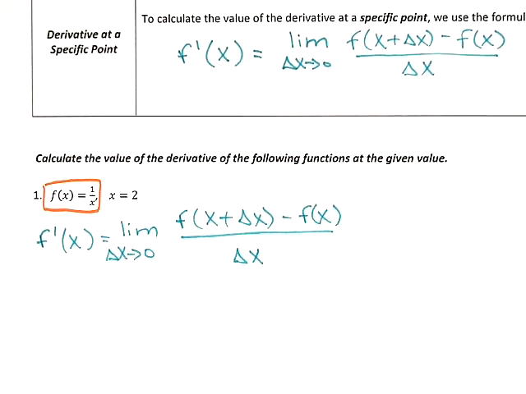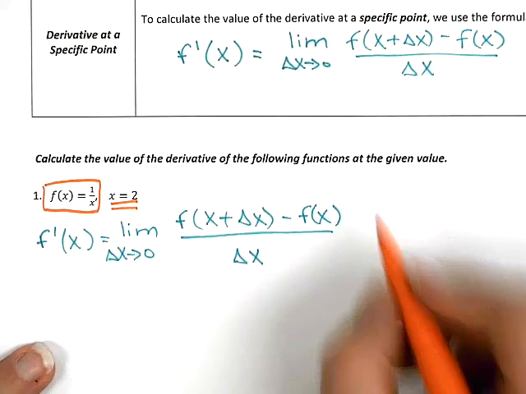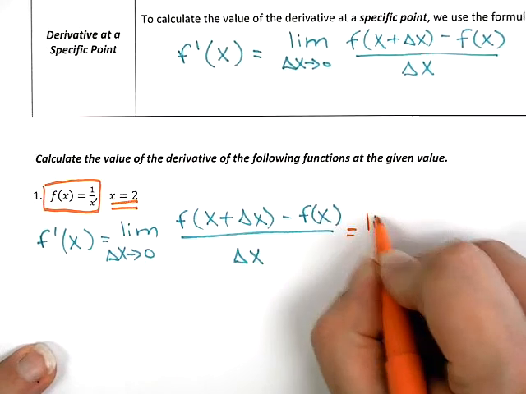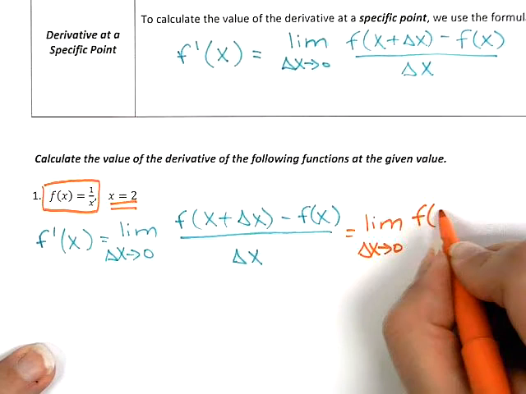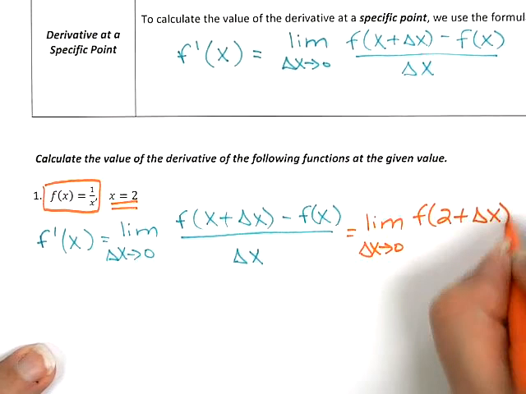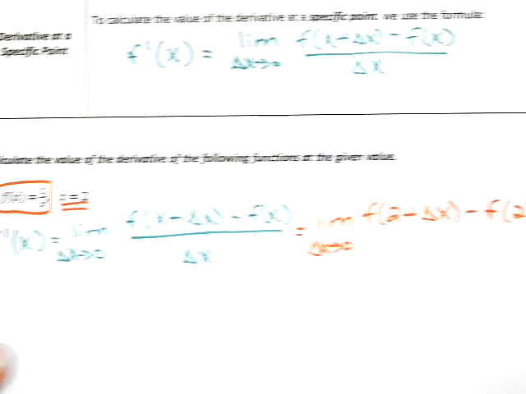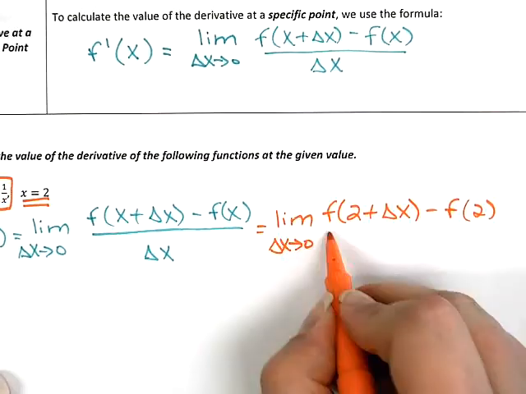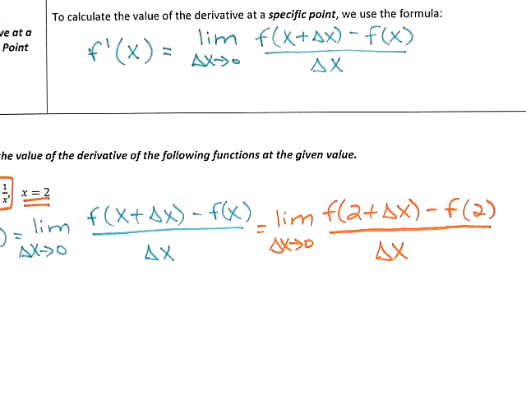So just like we were doing in the last problem, first thing we're going to do is plug in this 2 for x. So I'm going to get the limit as delta x approaches 0 of f of 2 plus delta x minus f of 2, all over delta x.